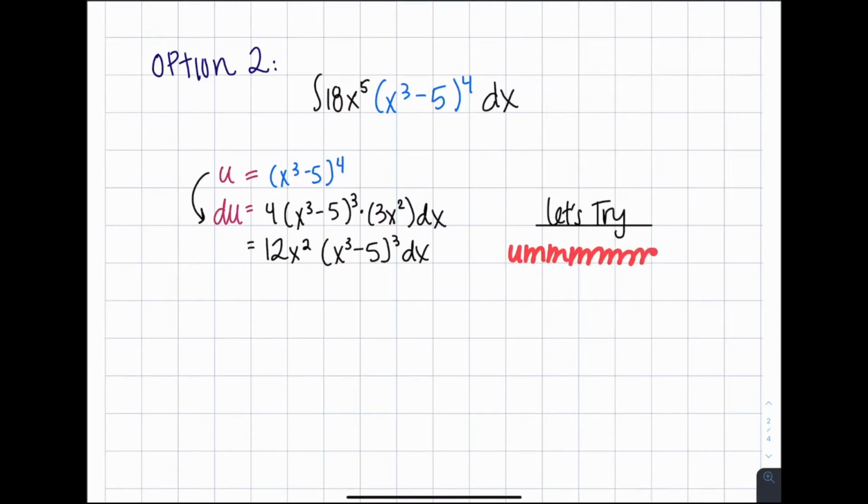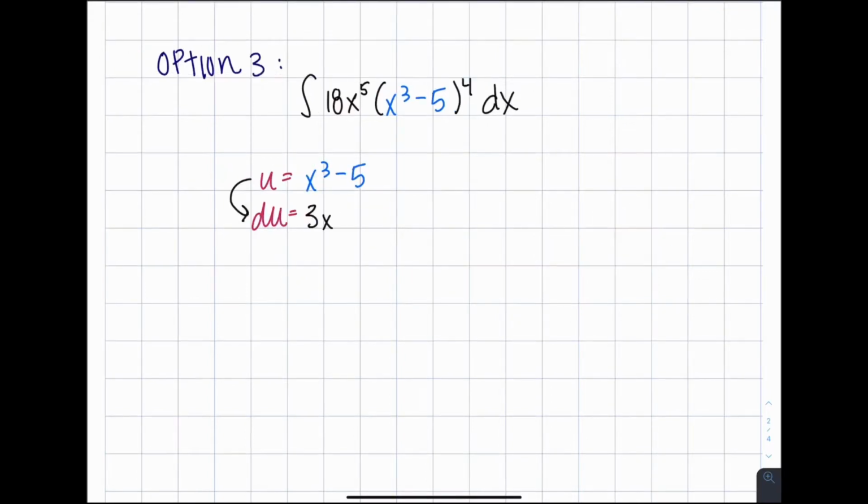So to be honest, I don't even want to try this out. We're just going to move on to our final third option. We can actually just use that x cubed minus 5 as our u, and we would get du equals 3x squared dx. So let's just try this one out.